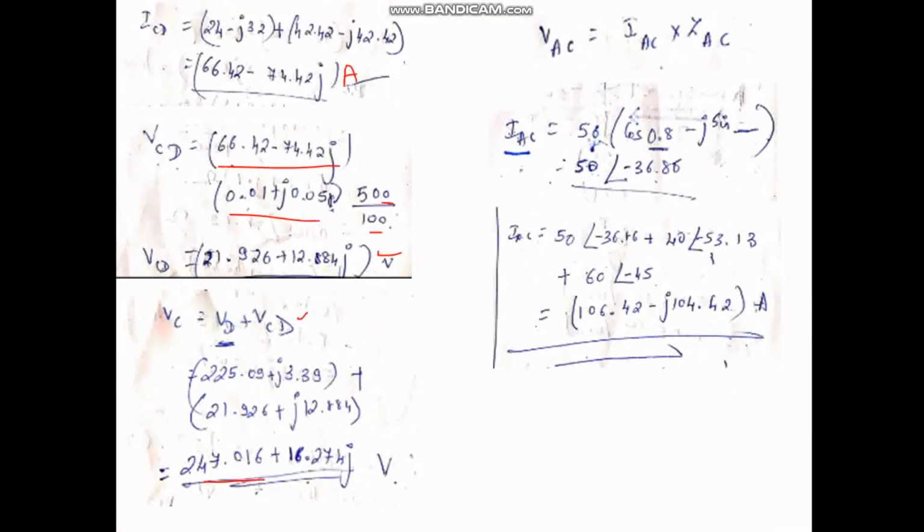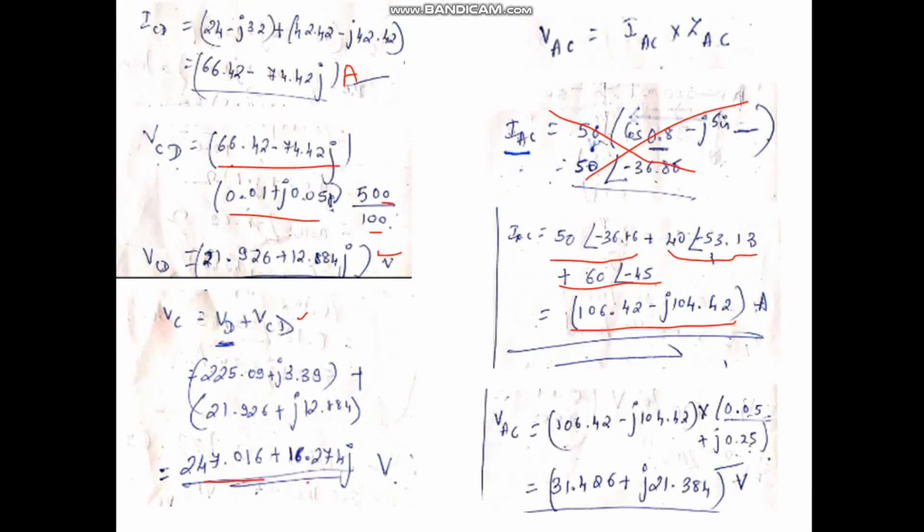So IAC is I1 plus I2 plus I3. Sorry, this is not correct. So you consider this. When you work out, you get 106.42. This is my IAC.